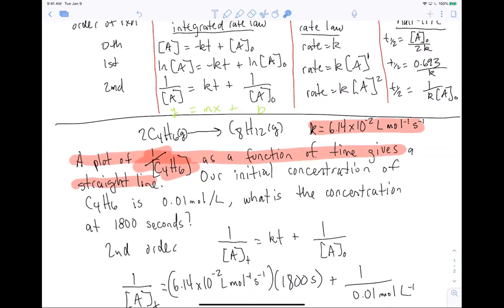Is it ever viable to look at the units of the rate constant and determine the order? I don't know off the top of my head. Probably. If you know the rate constant and you know its units, then you can probably derive the order of the reaction from it.